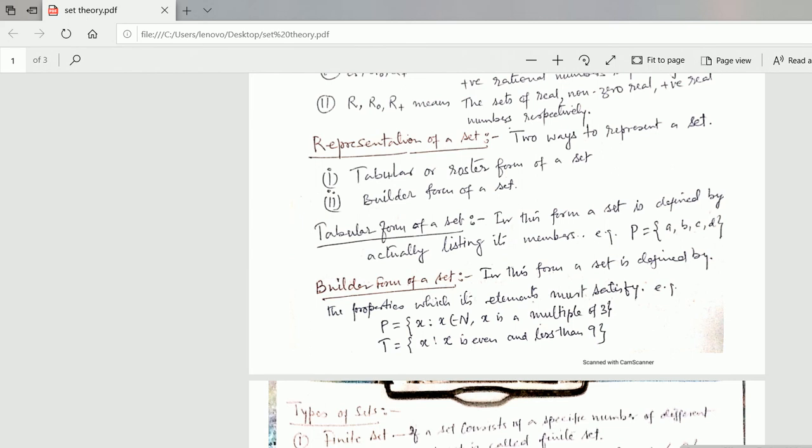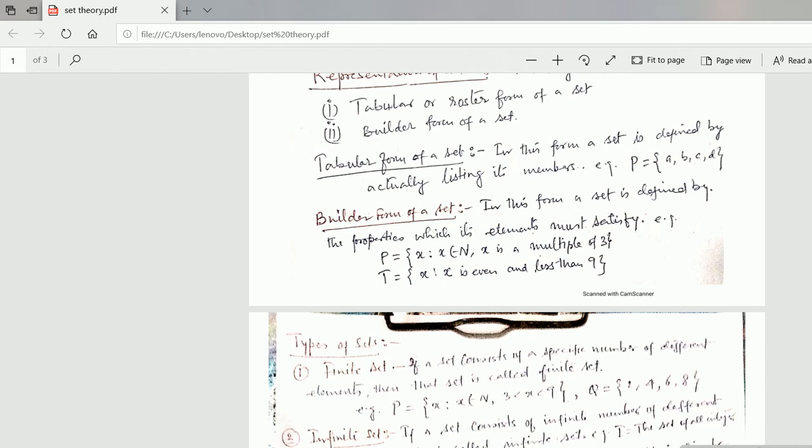In the tabular form of a set, a set is defined simply by actually listing its members. Suppose you have written a set P and you have written its members in brackets. This is the tabular form, and this is one of the ways in which a set can be represented.